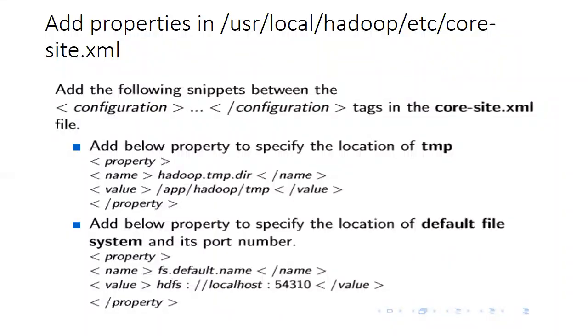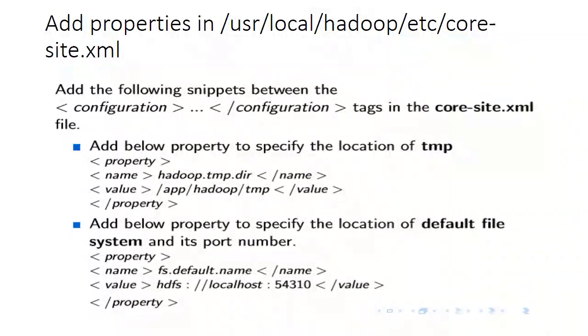We write the variables in between the configuration tags. Here we have a property, the property name and the value of the property. Here the property name is where the Hadoop temporary directory is available.